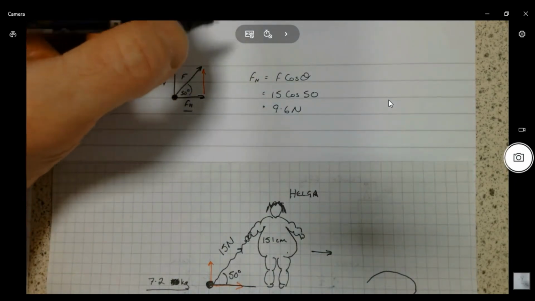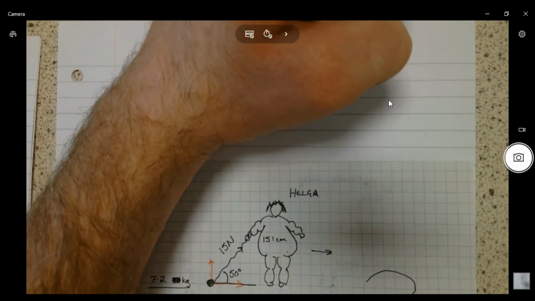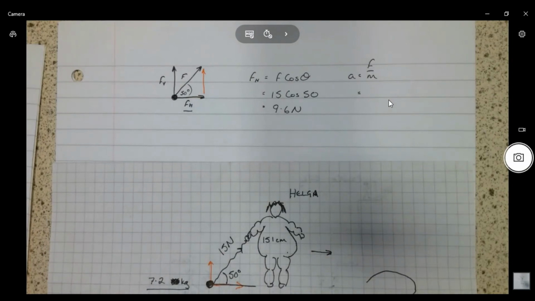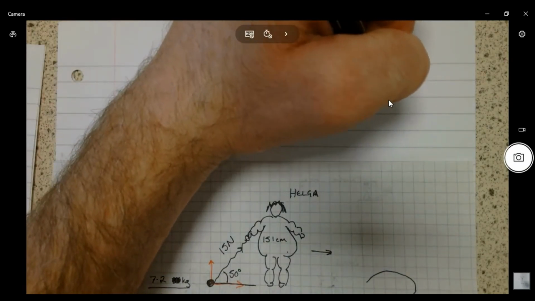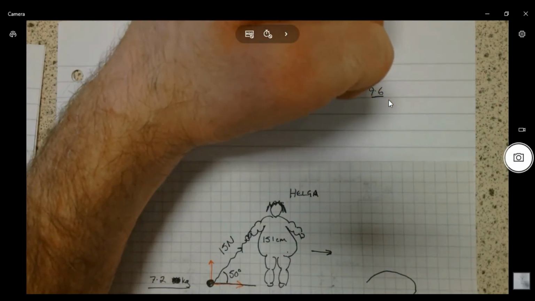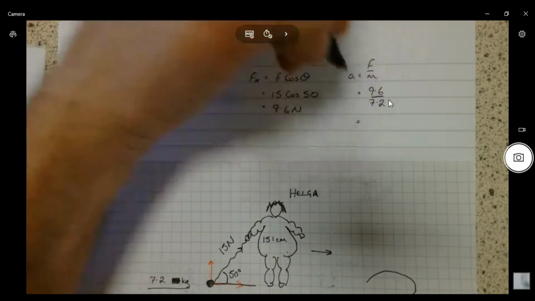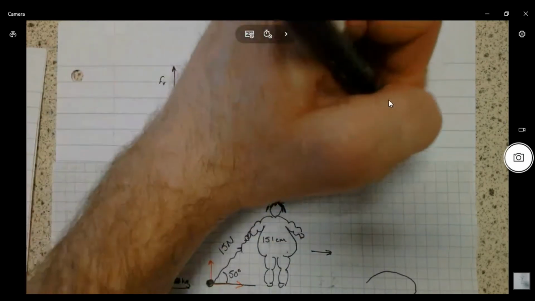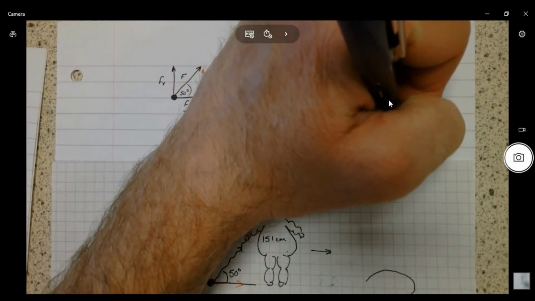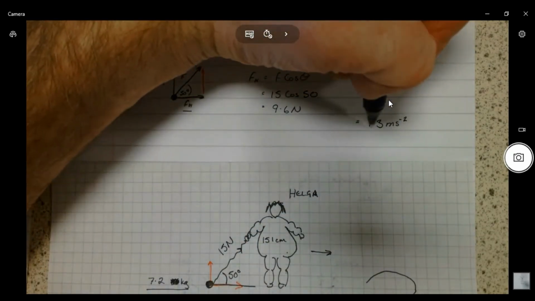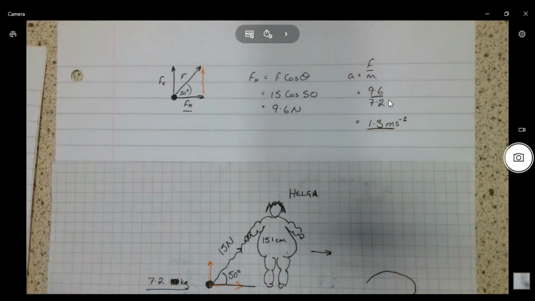To find the acceleration of the hammer, we then can use A equals F over M, 9.6 over 7.2 kilograms. We have 1.3 meters per second squared. So the acceleration of Helga's hammer is 1.3 meters per second squared. I doubt very much she is going to try harder, Helga.